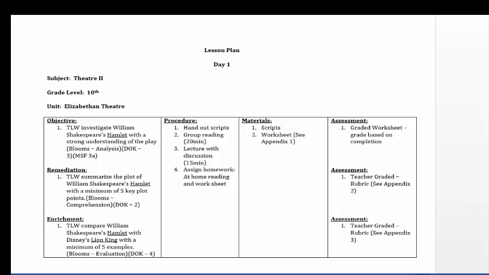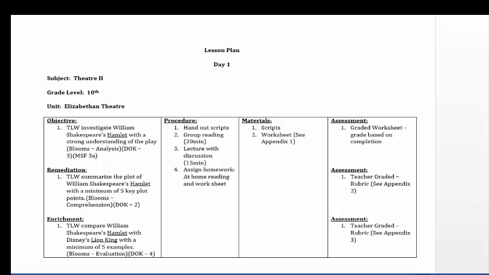Procedure should be procedures: handout scripts, group reading, lecture with discussion, assignment, homework, at-home reading, and worksheet. All right. You see from the first lesson plan we looked at, this student wrote very good objectives, but when they got to the procedures, they kind of stopped. And the reason is you need to divide your procedures among all of your objectives.